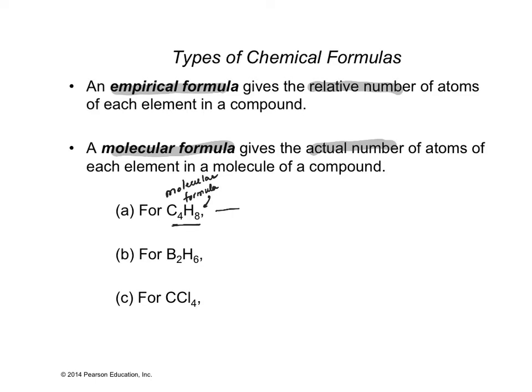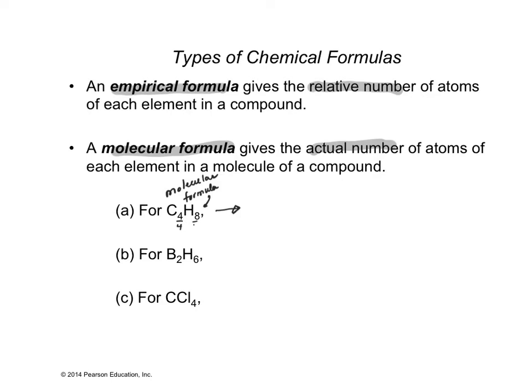But this can be reduced down to give us the relative numbers of things, right? So both of these are divisible by 4.